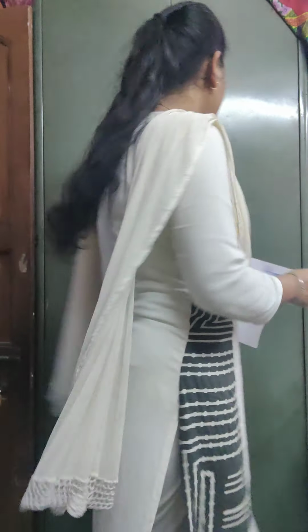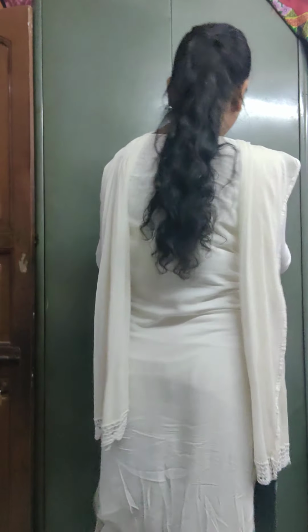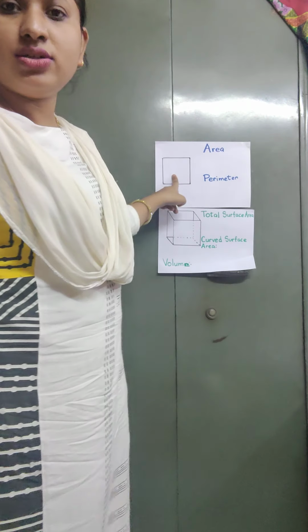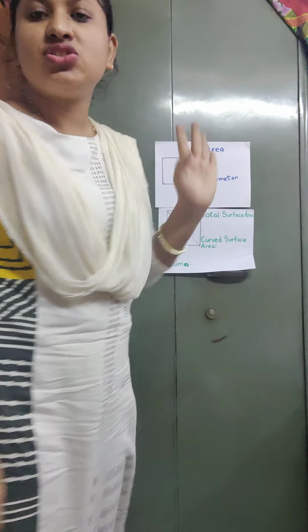Let us now see the difference between a 2D shape and a 3D shape. This is a 2D shape because it is a flat shape.